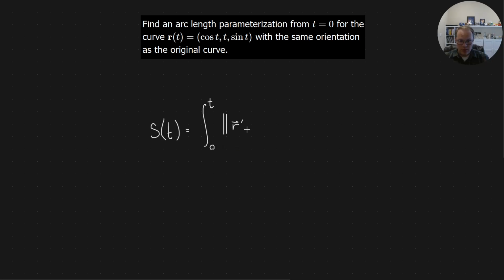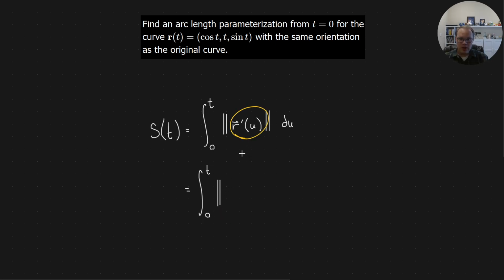And the integrand, what goes inside the integral, is the norm of the derivative. And I want to use a dummy variable since I've already used variable t here. All right, let's work on taking that derivative.